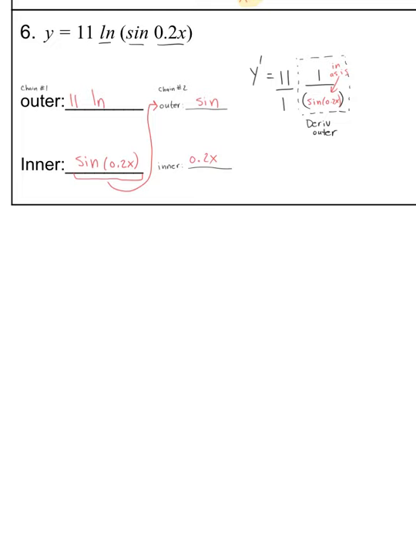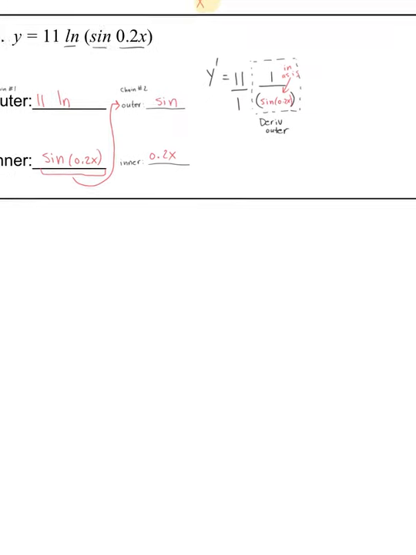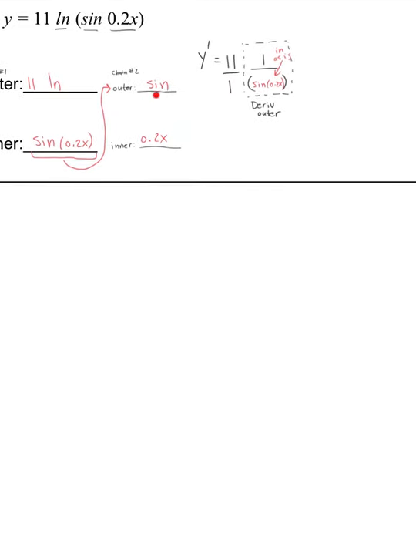At this point, I start over and I go to my second chain. This is the last chain, so I do all 3 steps. Okay, so it looks like this. The derivative of the outer here is cosine of something. And I'm going to put that over 1. So this is the derivative of the outer.